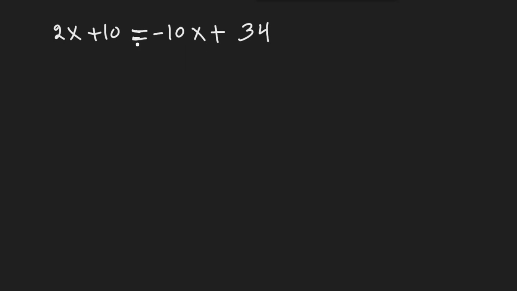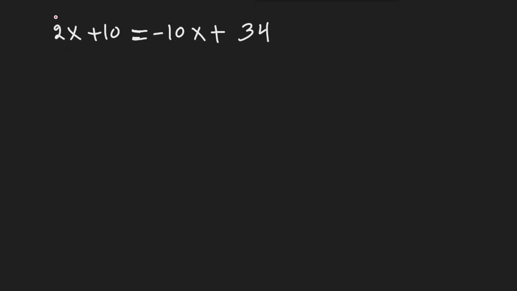First, we have to put all our variables on one side and numbers on the other side. It's not important whether you choose left or right for the variables. Anyway, you have to keep them all on one side and numbers on the other side.